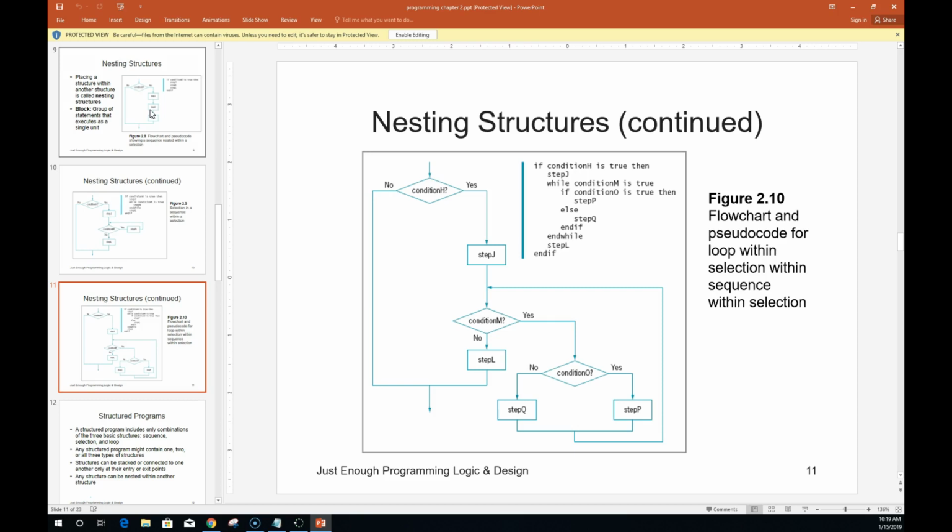So these can get kind of complicated. But what we're trying to do is give us a way to evaluate, based on the fact that no matter how we do that, we really only have those three pieces, right? We have a sequence, we have a selection, and we have a loop.